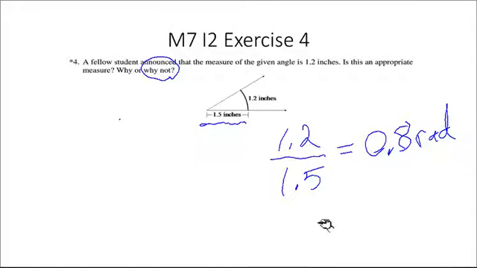Again, going back to the previous video, recall that theta in radians is equivalent to the arc it subtends divided by the radius of a given circle.